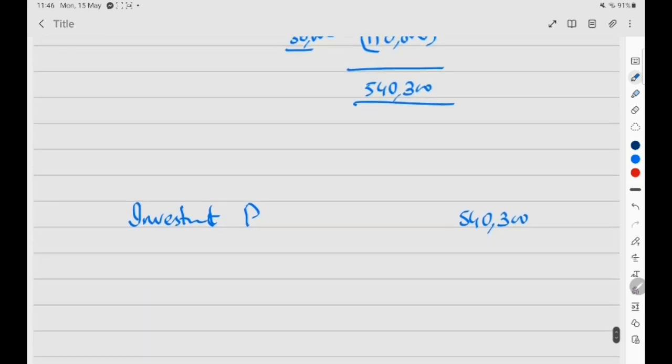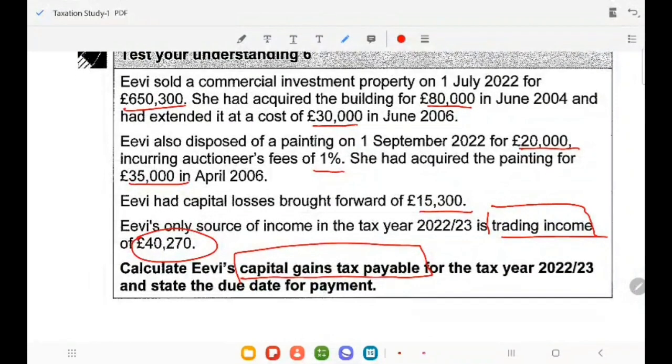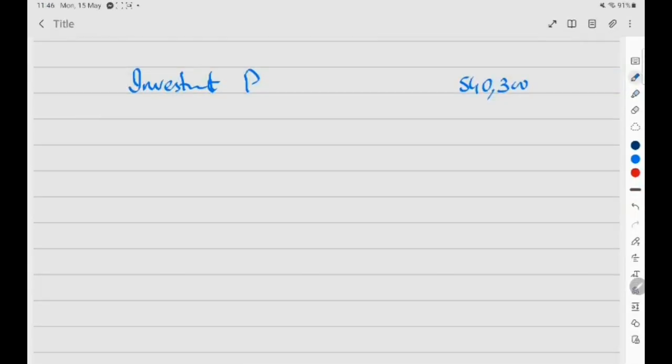Second, apart from this, we have to calculate the gain or loss on the second asset as well, which is 20,000 selling, disposal proceed, and acquisition cost 35,000. So first we have to calculate the gross disposal proceed is 20,000. Incidental expenses of sale 1% means 200.